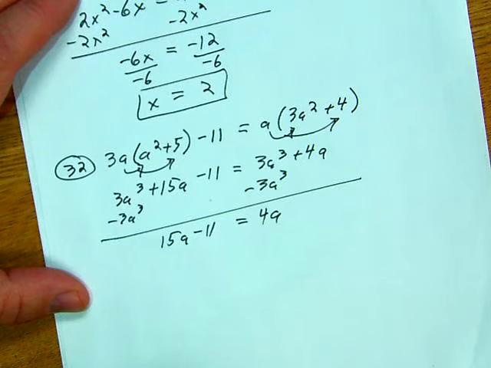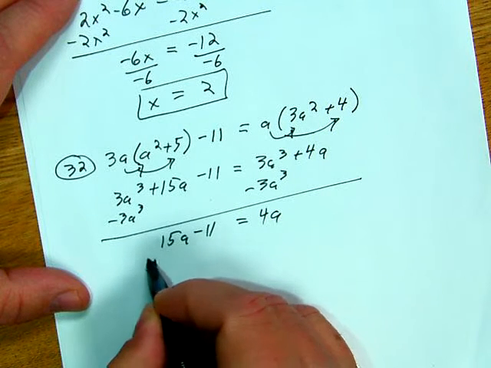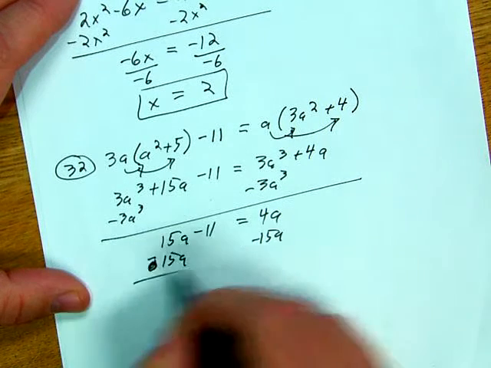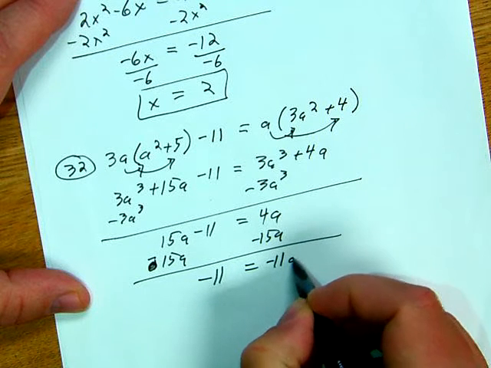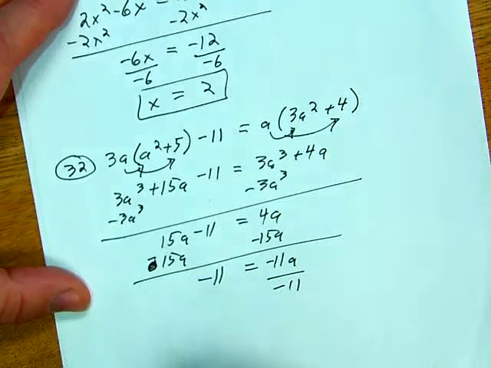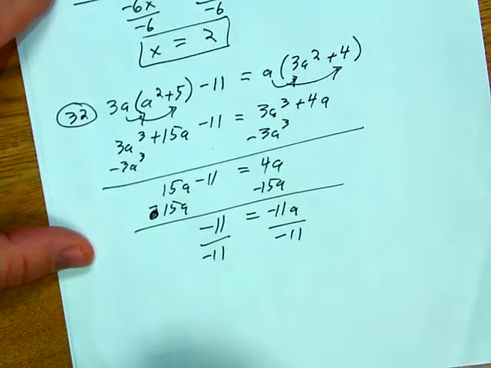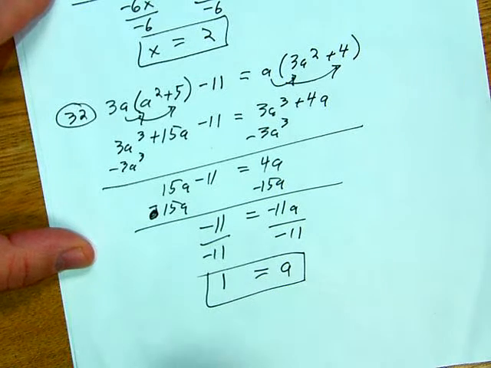I want the a's all on one side, so I'm going to move minus 15a to the other side. And I'm left with negative 11 equals negative 11a. Divide by negative 11. And then that gives me the final answer of a is equal to 1.